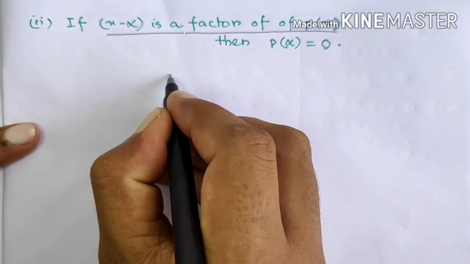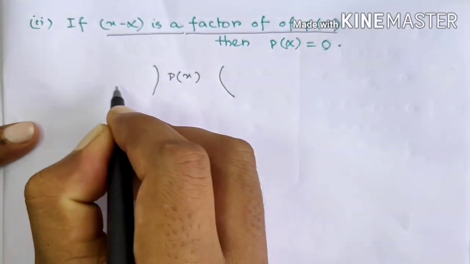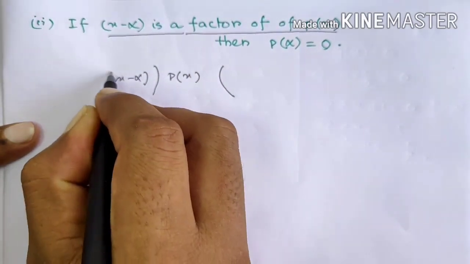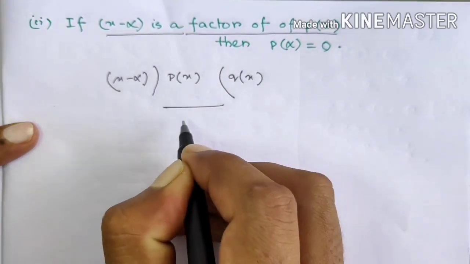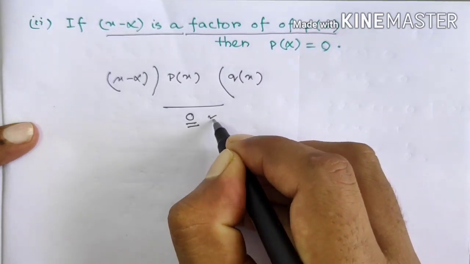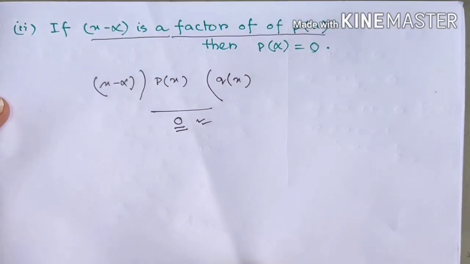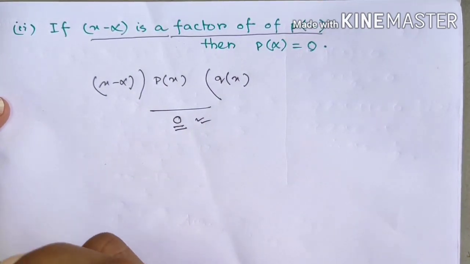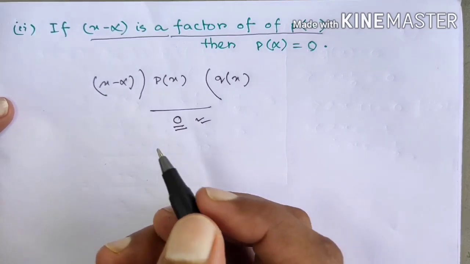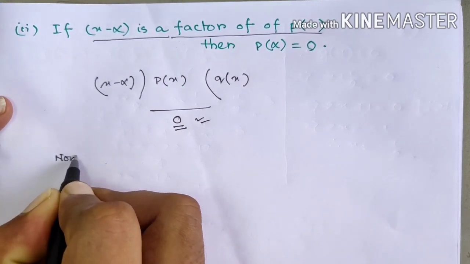If p of x is divided by x minus alpha, let the quotient be q of x and the remainder be 0. If x minus alpha is a factor of p of x, therefore p of x is divisible by x minus alpha, and we can write p of x equal to x minus alpha into q of x.